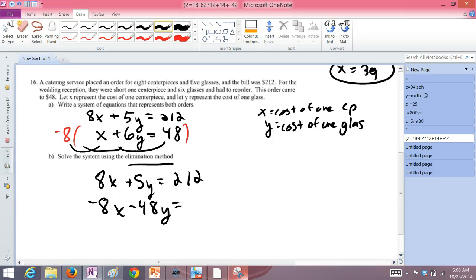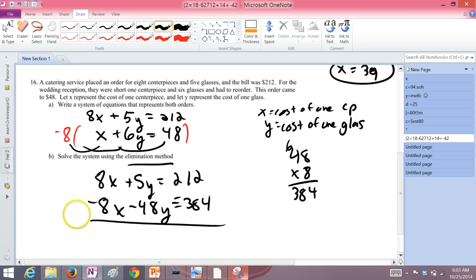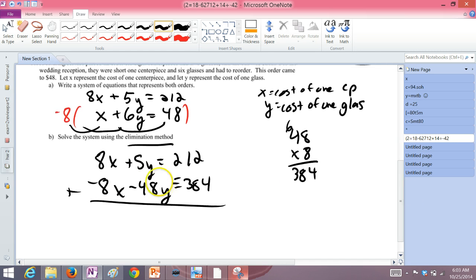48 times 8. 384. Negative. Alright, when you add these two together, your x's cancel. Gosh, we're going to need a calculator.